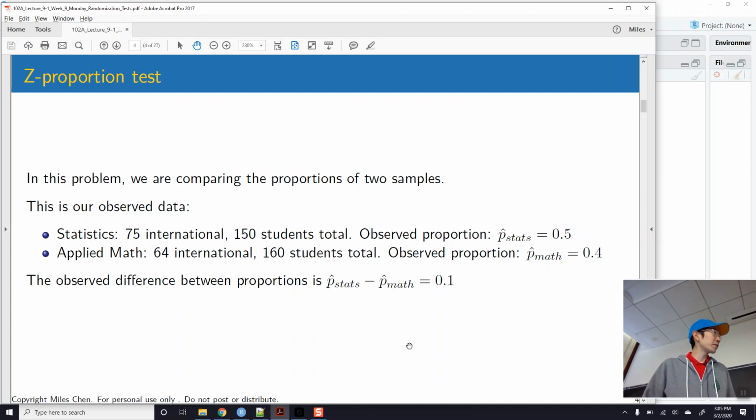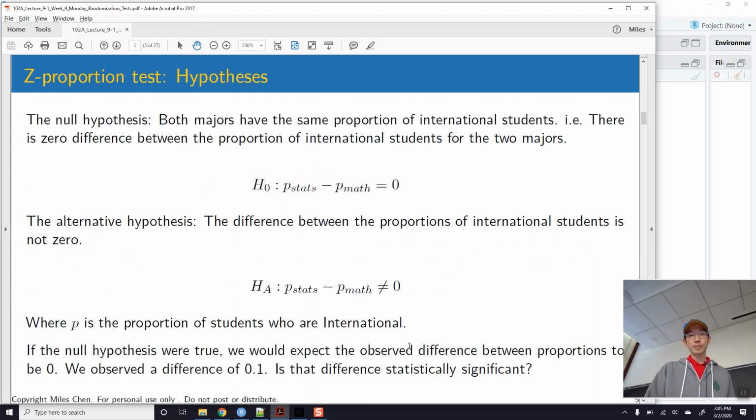The observed difference is p hat stats minus p hat math, 0.5 minus 0.4, which is 0.1. So that's what we have in the data. And the question is, is this difference of 0.1 statistically significant or not?